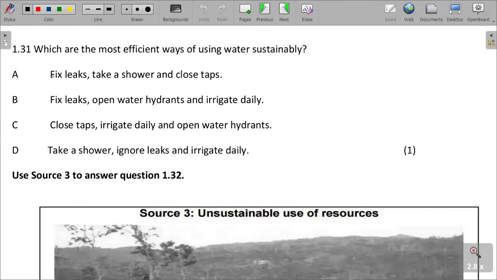The options are: fix leaks, take shower and close taps; open water hydrants and irrigate daily; take shower and ignore leaks, and so forth. So our best answer is what? Fix leaks, take shower and close taps.